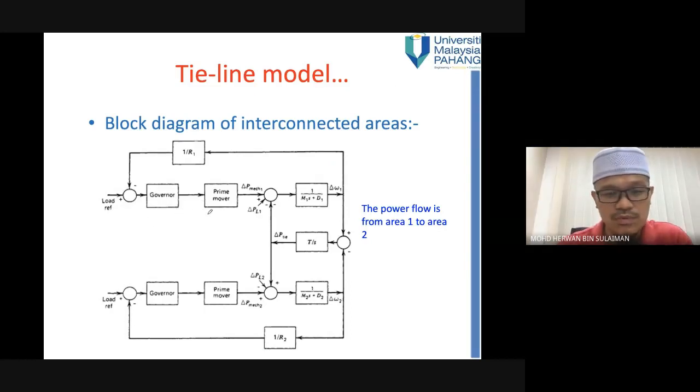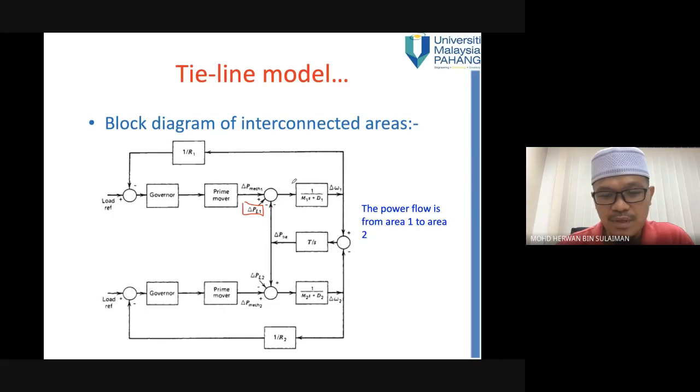So for those who are not familiar with the block diagram, you may refer to the video that we have discussed previously. So basically, this is our governor, prime mover, and then the output is delta Pmech. This one is the load, delta PL1, meaning the load change at area 1. So we have plus for the Pmech and then minus for the load.